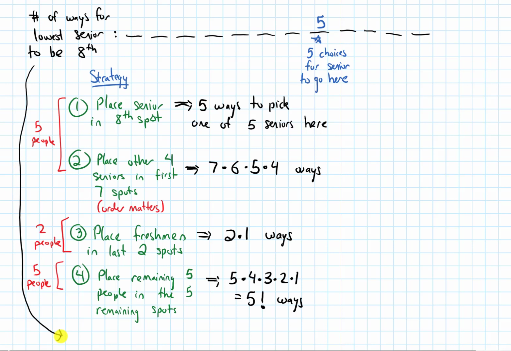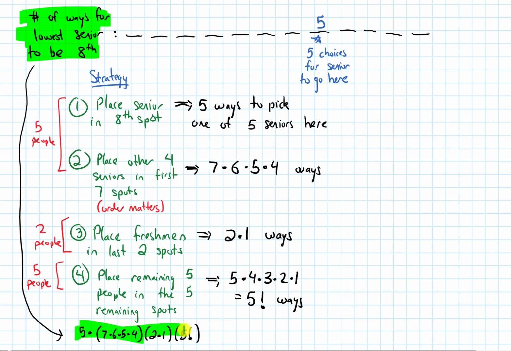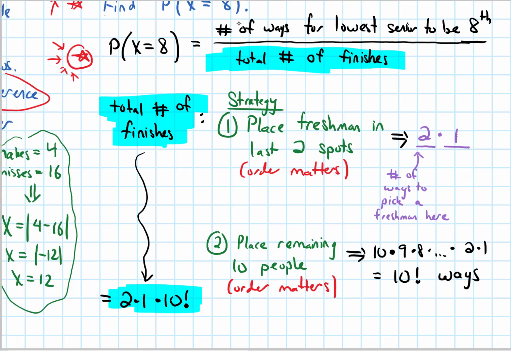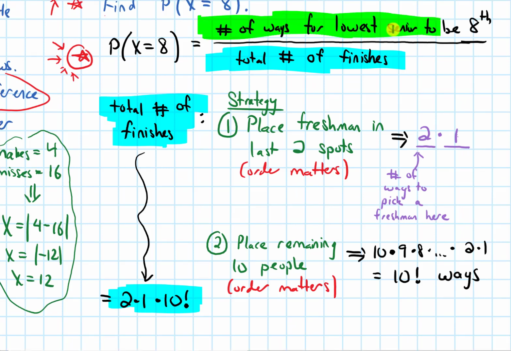So if we put all of these numbers together, we will get, so there were 5 ways for that first step, and then it's going to be times 7 times 6 times 5 times 4, and then it's times 2 times 1, and then finally it's times 5 factorial. Let me highlight this as well. So highlighting this and highlighting this, and let me go back to the previous page and highlight this numerator. We now know the number of ways to do the numerator.